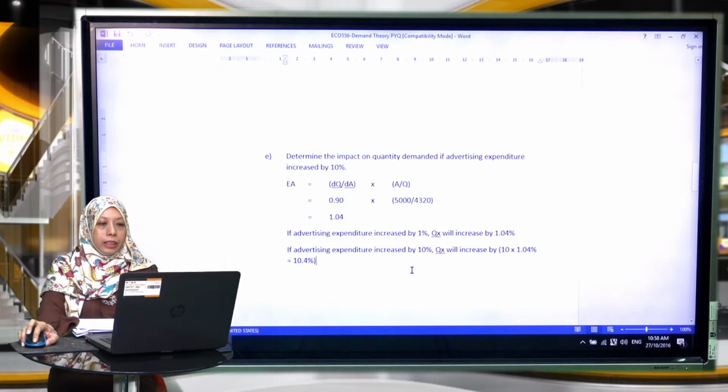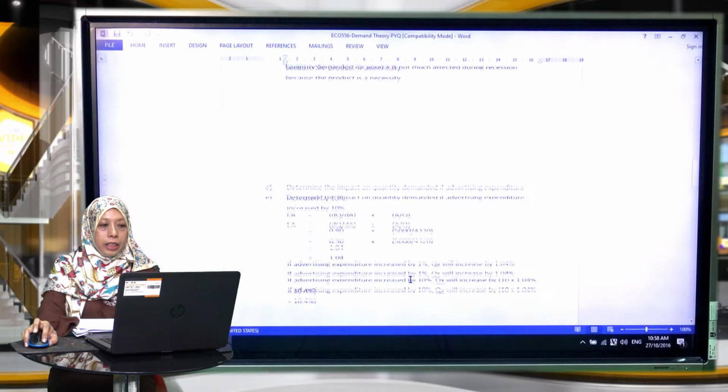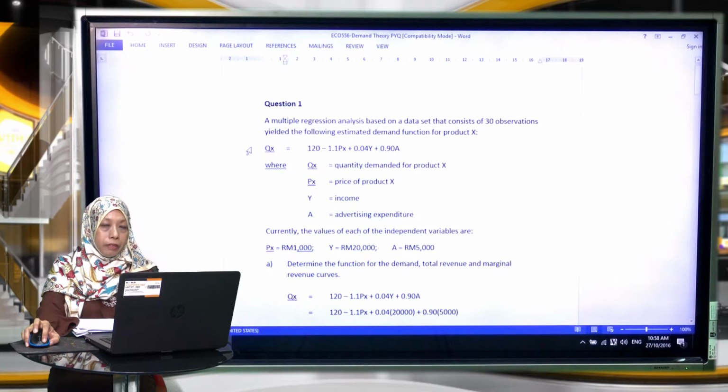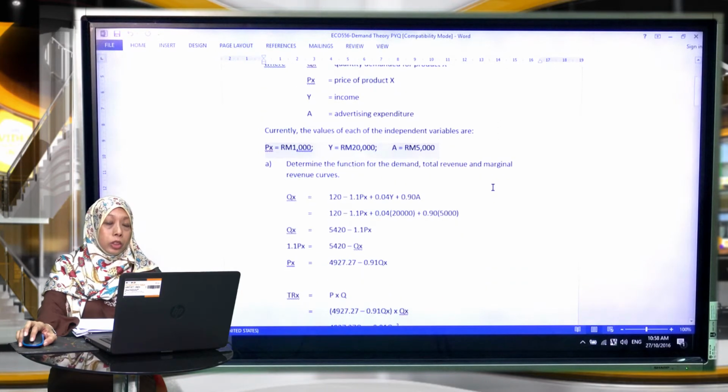All right, so you can see that given a demand function and the values for each of your independent variables, to calculate the elasticity of demand, you need to use the point elasticity formula. When calculating the different types of elasticity of demand, you're not only getting the coefficient, but you are able to make so many different types of decisions in your company.